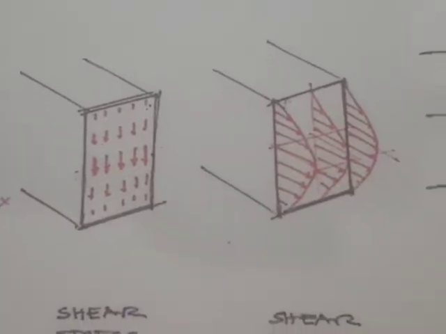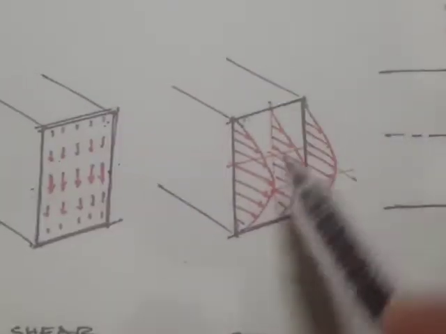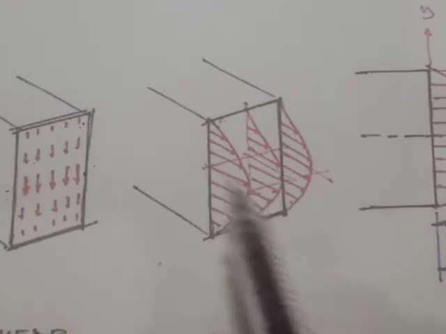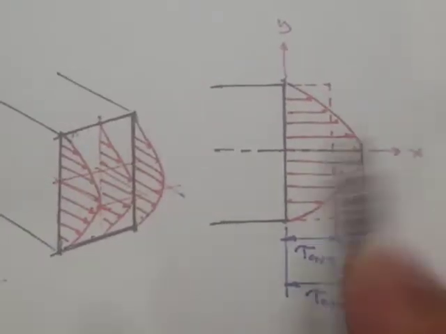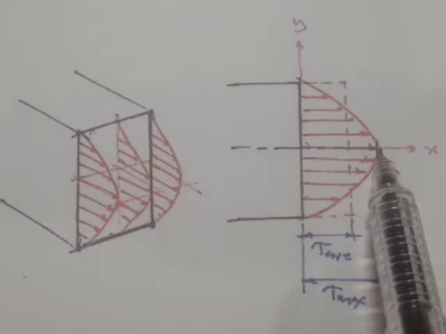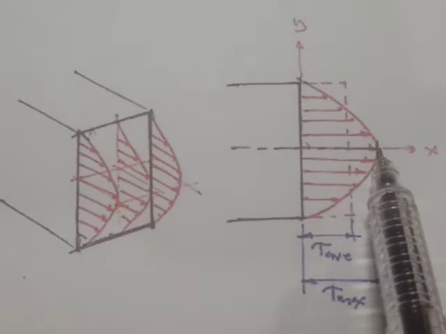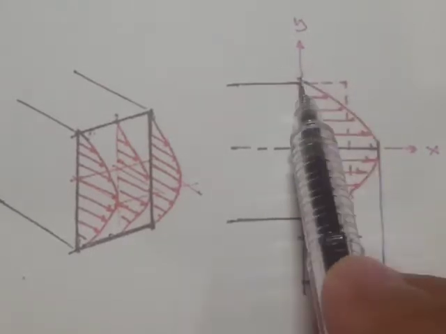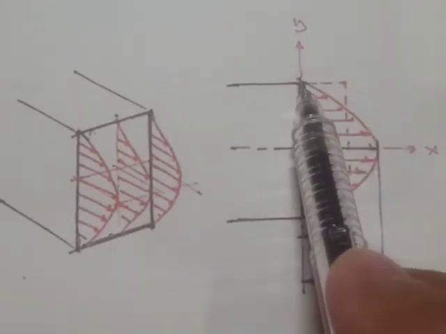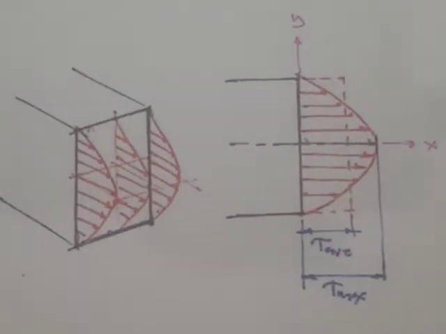This is the shear stress distribution profile. We have a maximum shear at the centroid or the neutral axis, and zero shear at the outermost surface. So that's the distribution of the shear stress.